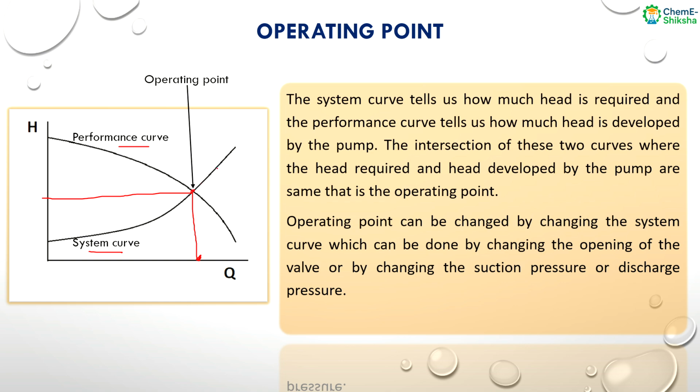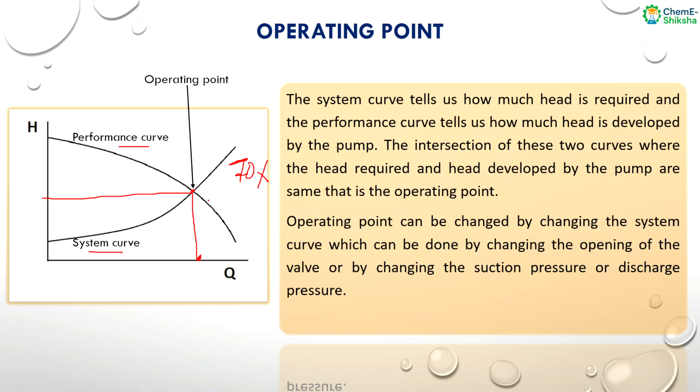So let's say this is the system curve corresponding to, let's say, 70% valve opening. So when the valve is 70% open, this is the system curve. If we increase the valve opening from 70% to, let's say, 80%, then what will happen?